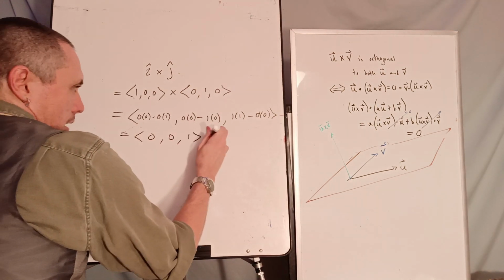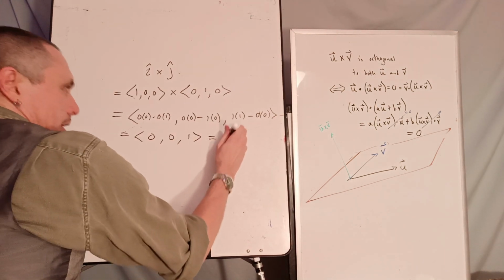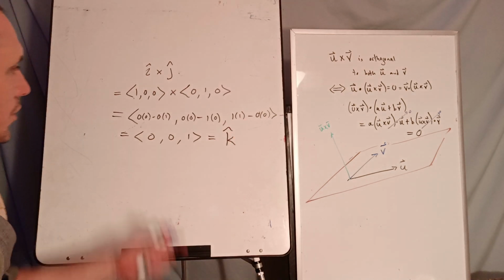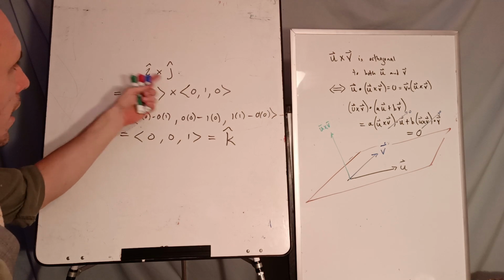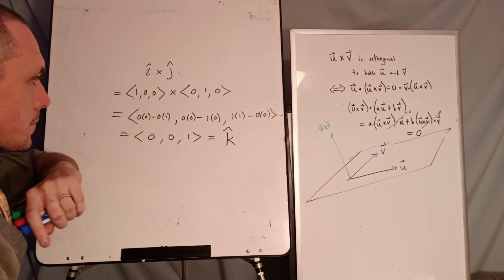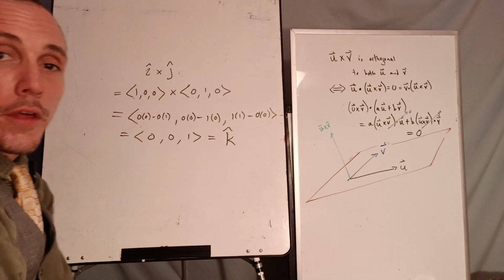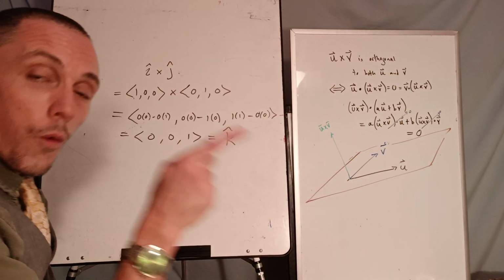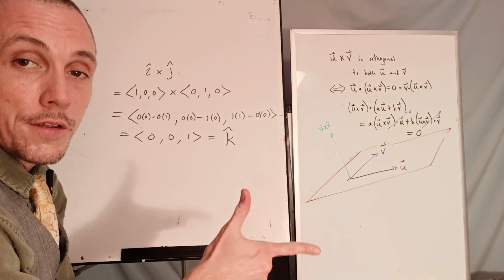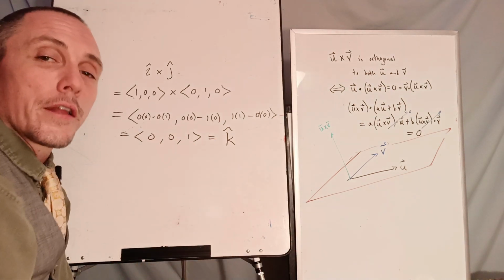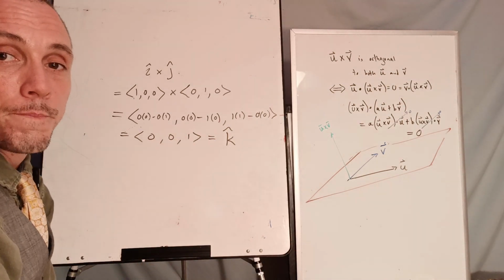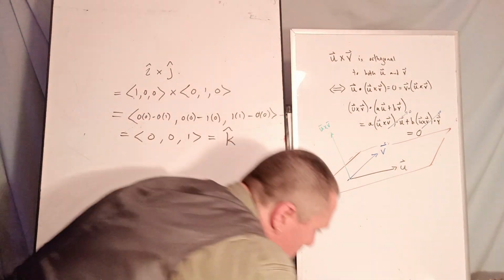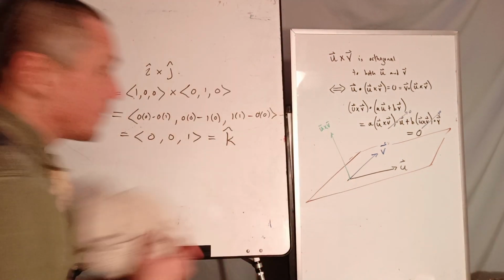And we have a name for that. That's k hat. So again, we take the cross of i and j and we wind up with k hat. So that tells us, right, if our coordinate system is right-handed, then the cross product is right-handed. Okay.